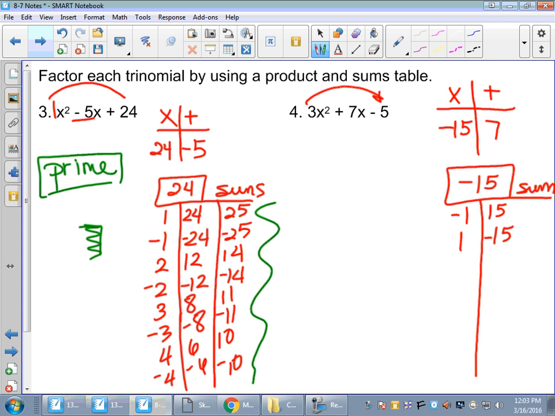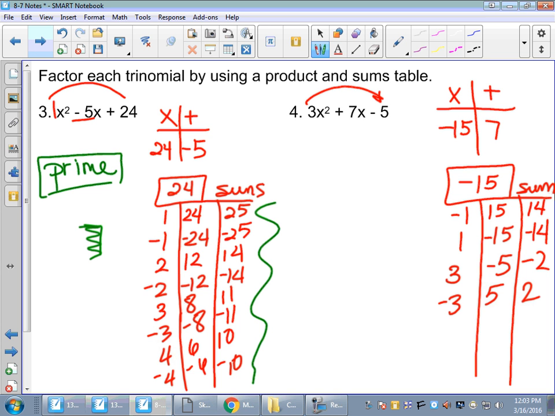They both give you -15 when you multiply. 2 doesn't go into it. 3 with -5 and -3 with +5. Now that I have all my products of -15, I'm going to add them up. When I add a 15 and a -1, it's subtraction, it's 14. When I add a 1 and a -15, it's subtraction, but now it's -14. And -2 and +2. So again, I'm looking for two numbers that multiply to give me -15 and add to give me 7. There are none.